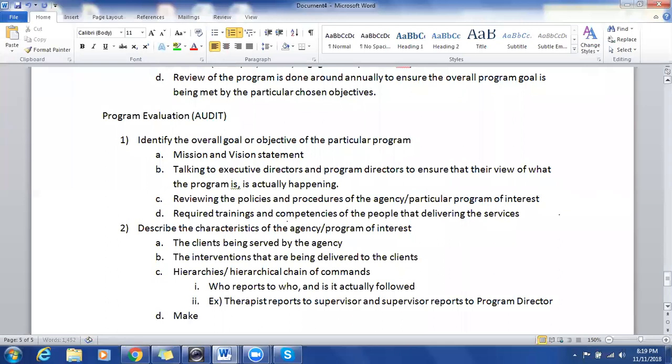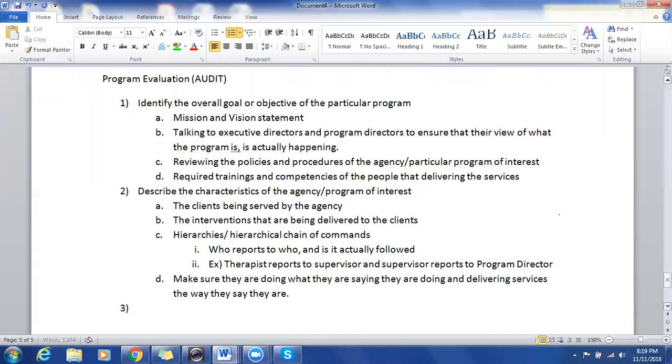And then D, make sure they are doing what they are saying they are doing, and delivering services the way they say they are.